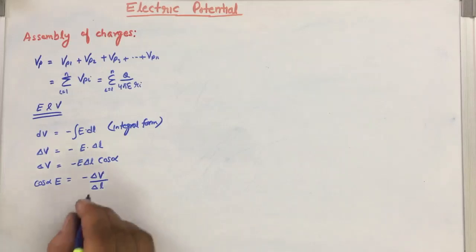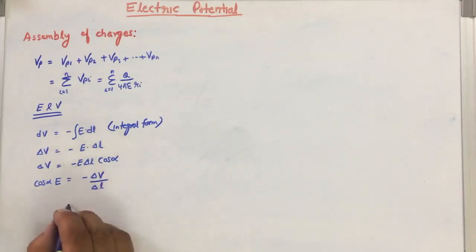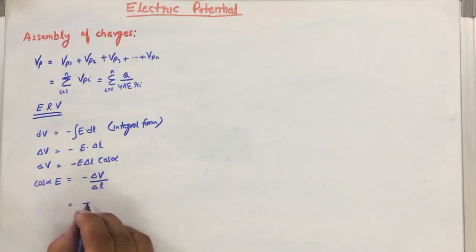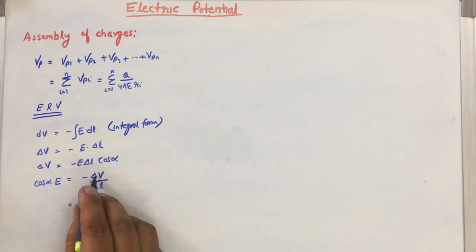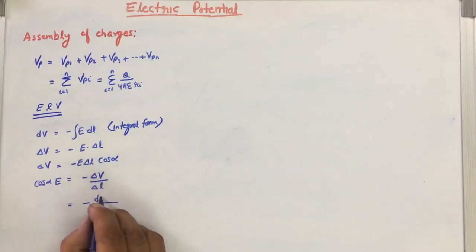Change in length can be written as dl for small change, and change in potential can be written as dV.